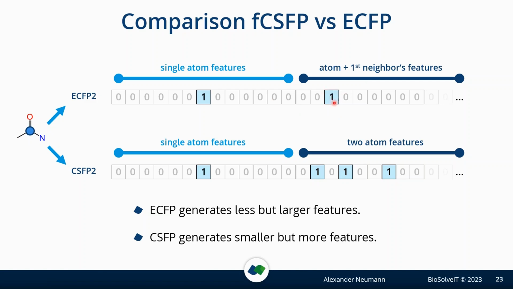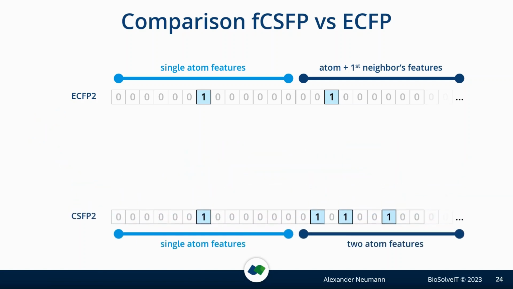So basically we have this one representing the amide, and we have 3 features, so it splits into 3 different features to be fine-grained, but they all represent then the individual connections of the carbon atom to the neighbors. So we have more features, but smaller. Again, ECFP, less features, but bigger, and CSFP, smaller features, but more.